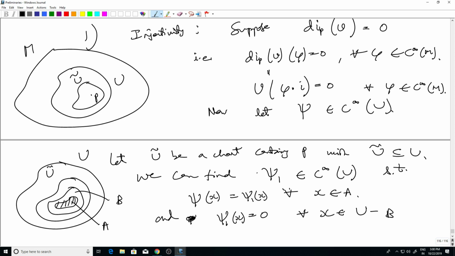Just let C1 of x equal to that function f of x that I had, the same f of x times C of x. Recall that f of x was identically 1 inside A. So when x is inside A, C1 of x will be equal to C of x.